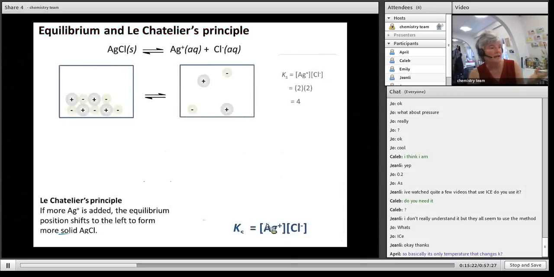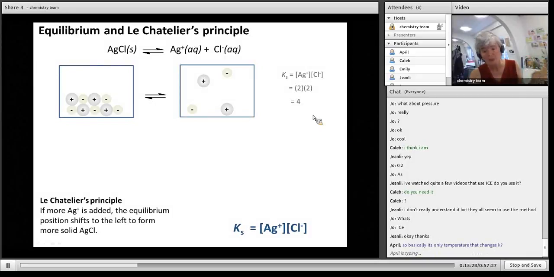By the way, KS values are always quoted at a particular temperature. And if we give you a KS value in the exam, even if we don't give you the temperature, it's going to be for that particular one. Okay.